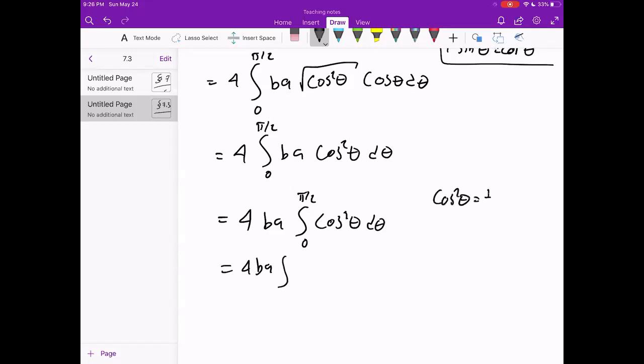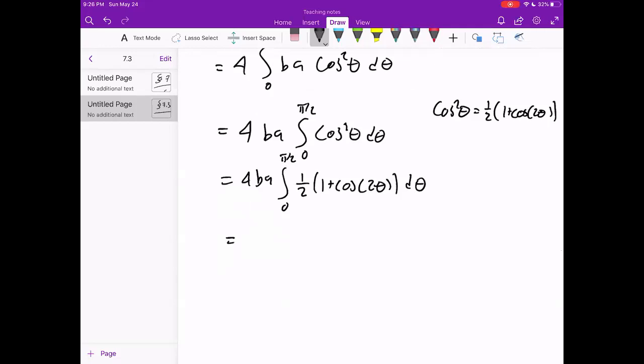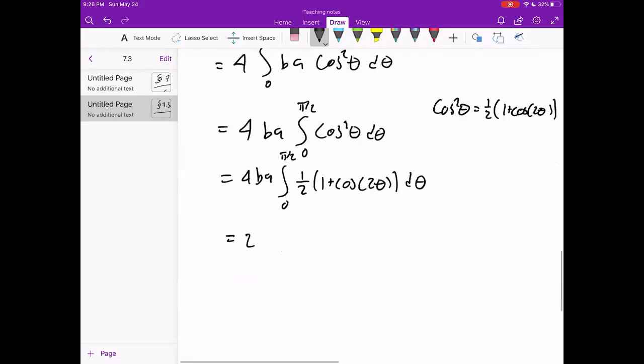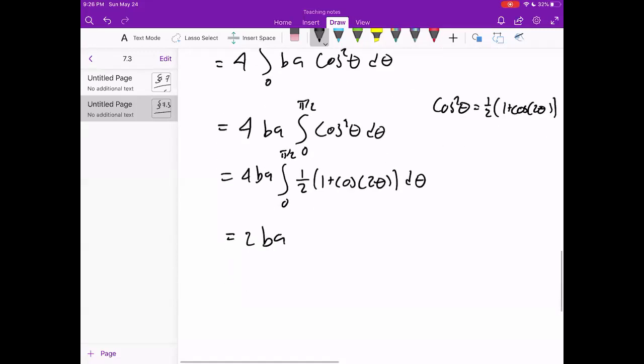Cosine squared theta is 1/2 times 1 plus cosine of 2 theta. So I'm going to replace this with 1/2, 1 plus cosine of 2 theta d theta. We're still going from 0 to pi over 2. Pull out the 1/2, I'm going to get 2ba. Sorry, my stylus wasn't drawing for a second. So 2ba, the integral of 1 plus cosine of 2 theta d theta.